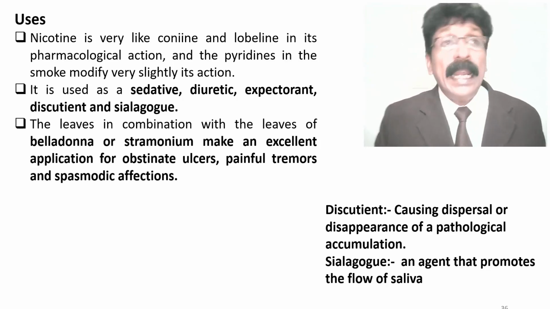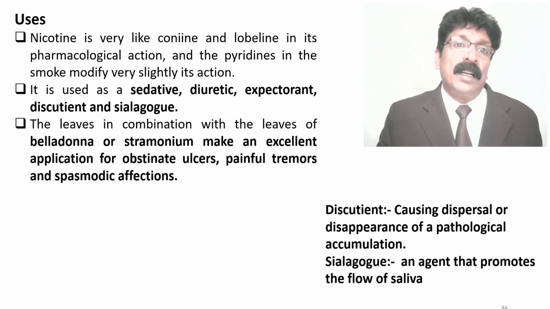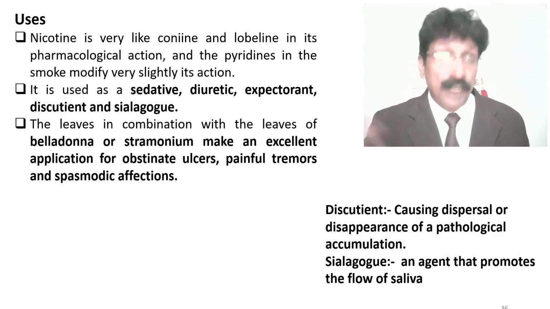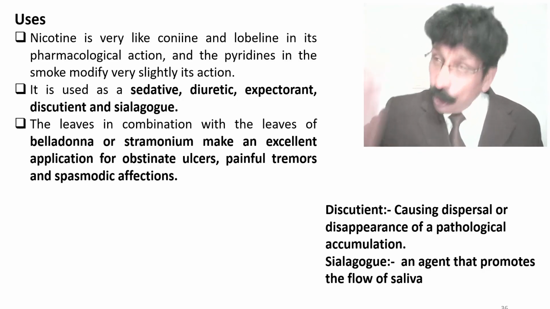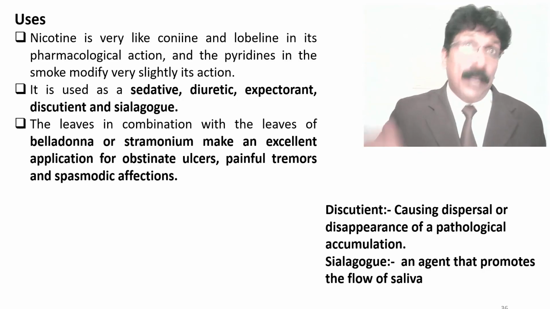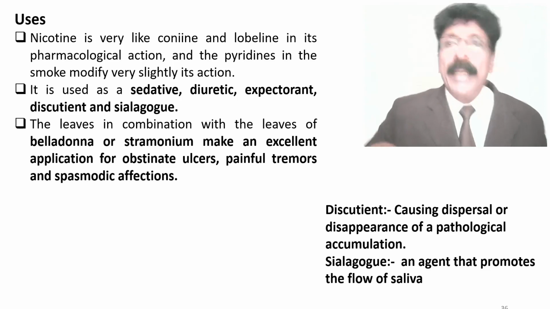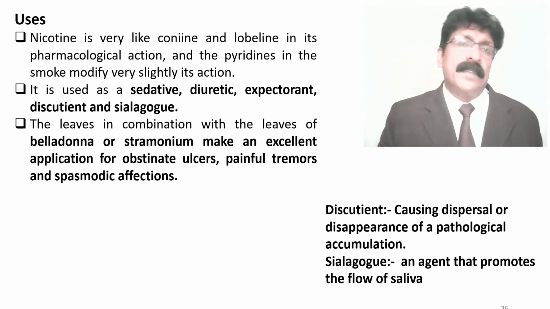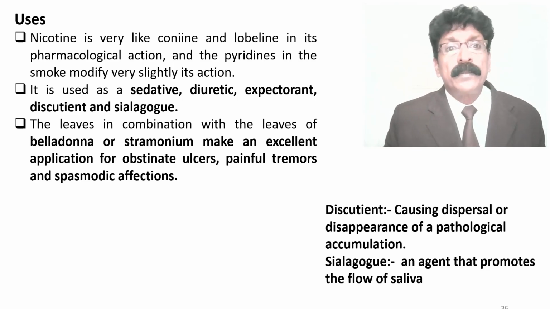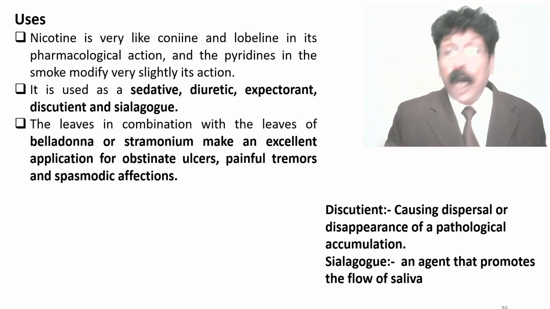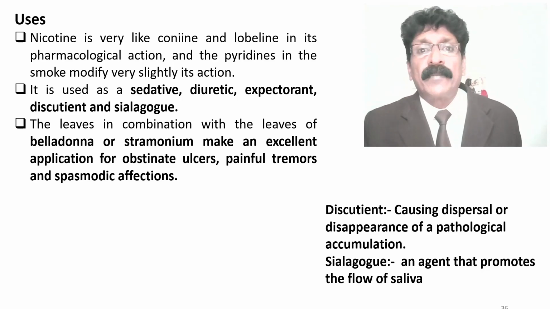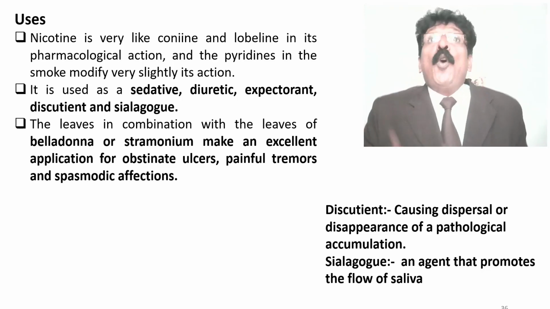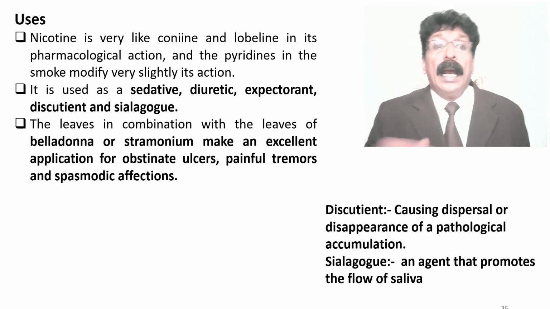The leaf is used in combination with the leaves of belladonna or stramonium. It makes an excellent application for obstinate ulcers, painful tremors, and spasmodic affections.